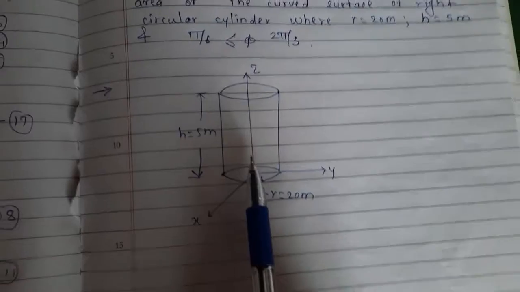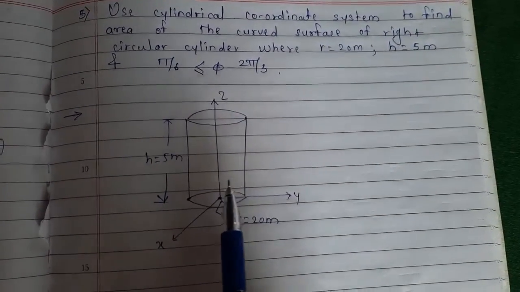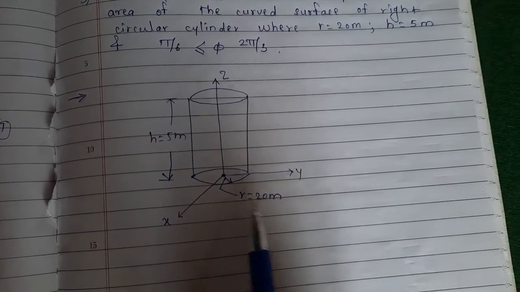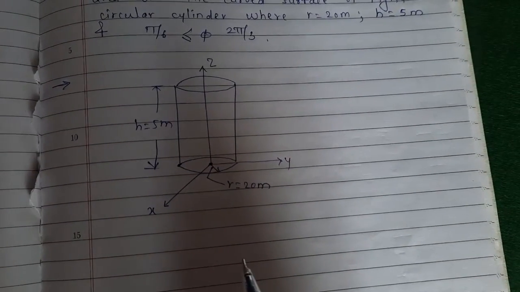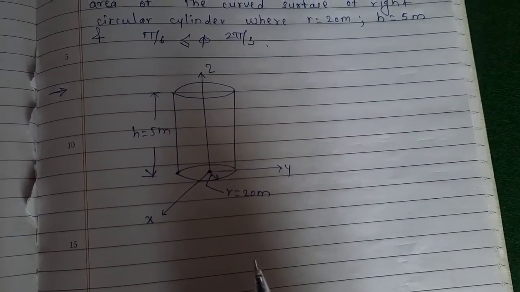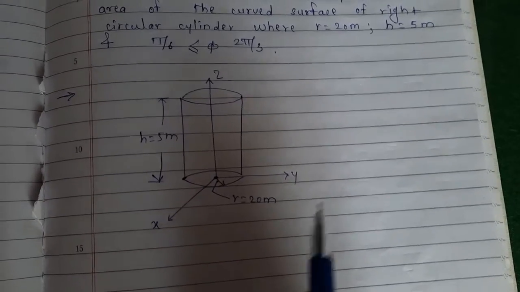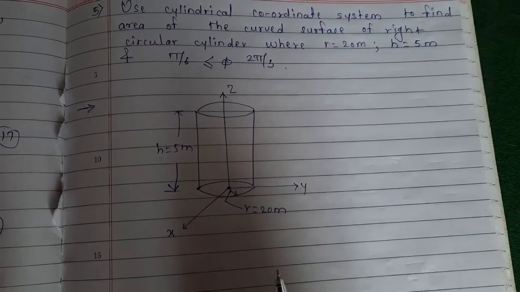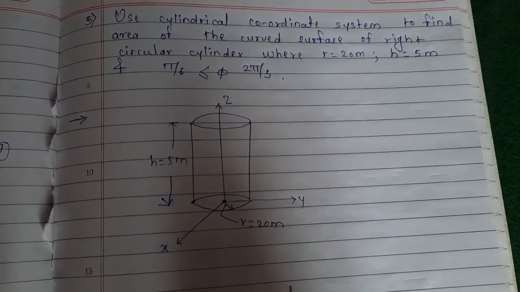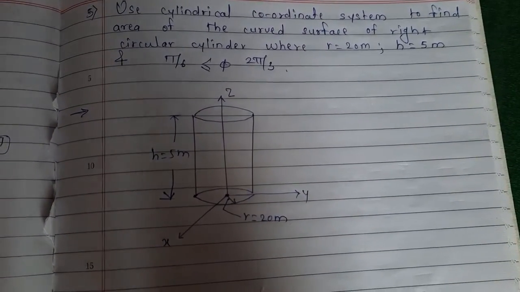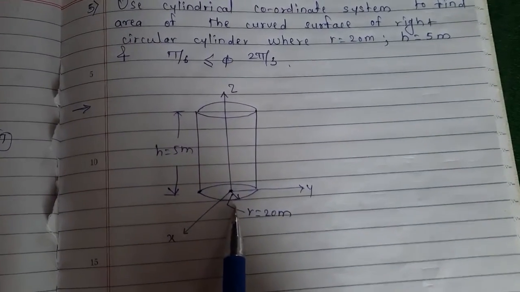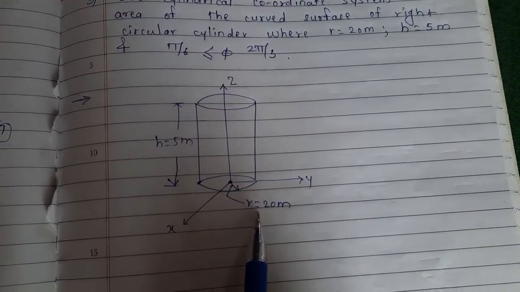As in the problem h is given as 5 meter, so this is the height, and the value of r is 20 meter, which is given. Here we have to find the area of the curved surface.